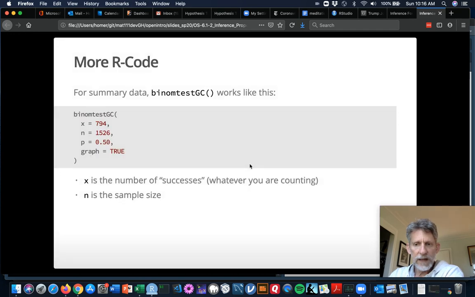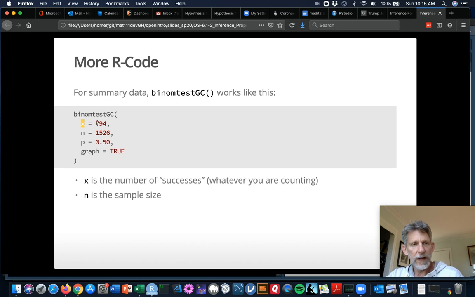Now, once you've got the number of successes, the number of yeses in your sample, along with your sample size, you can use binomtestGC, but you're not going to use it the same way we did before because you're not looking inside a data set. Instead, you're going to feed it summary data.